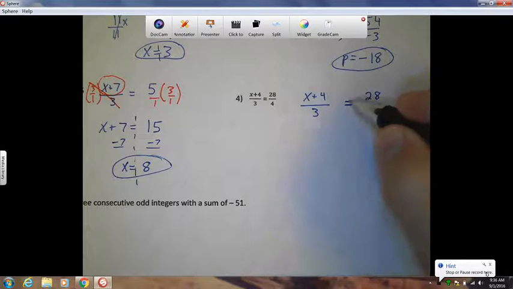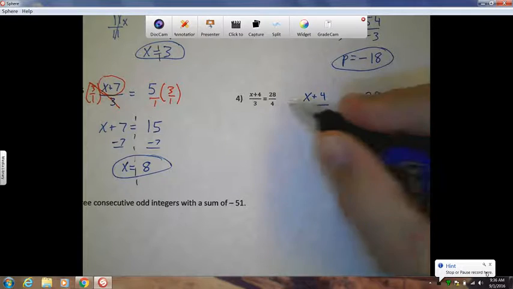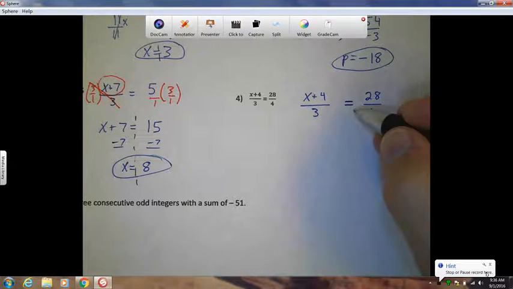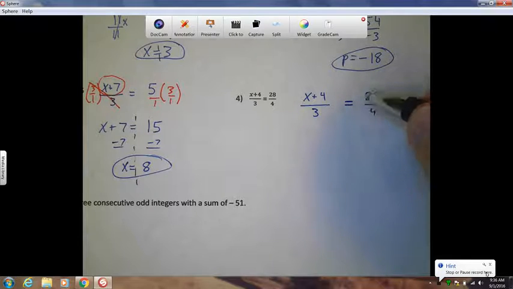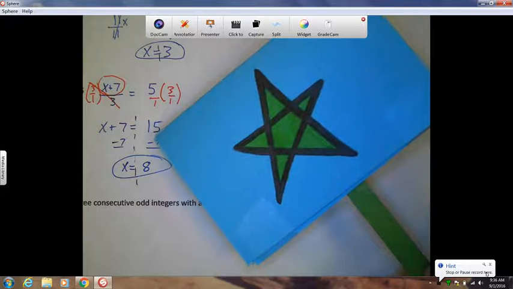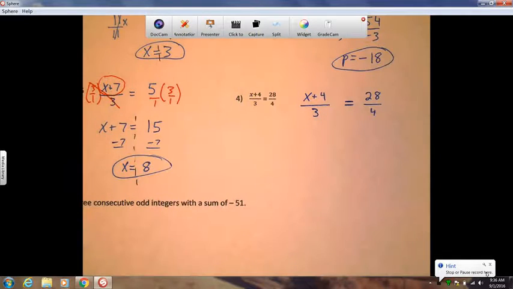Only a fraction, and an equal sign. You can only cross multiply when it's this situation. Fraction, fraction, equal sign. That's it. So once again, I can't emphasize this enough. Remember that. Now I'm going to cross multiply.